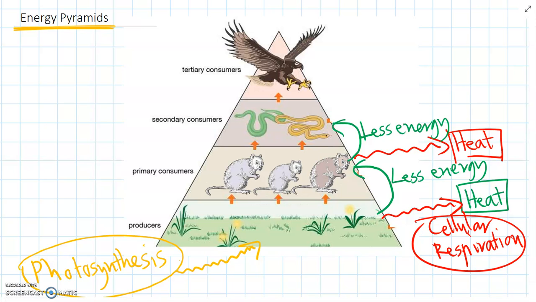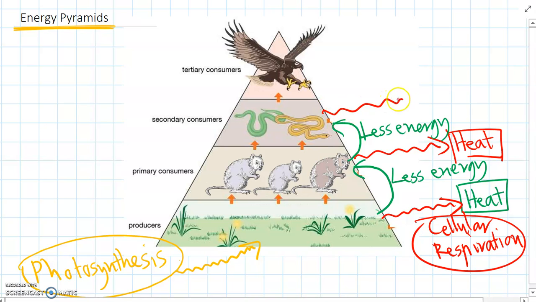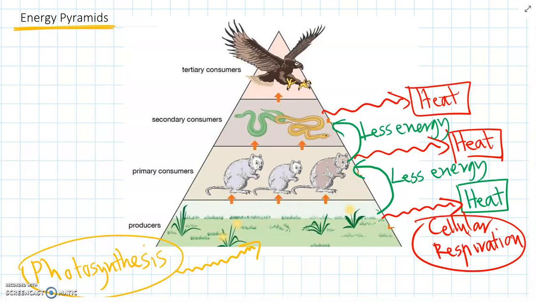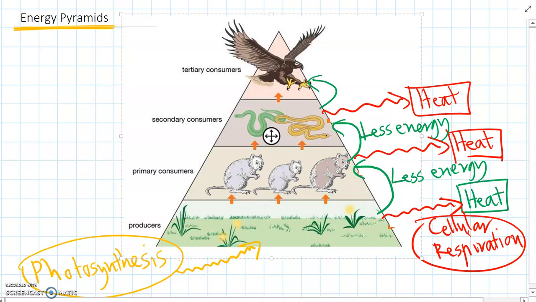And just like before, as the secondary consumers live and use their food, they release heat that's lost to the environment, and so there's less energy available for the tertiary consumers, or the top predators.